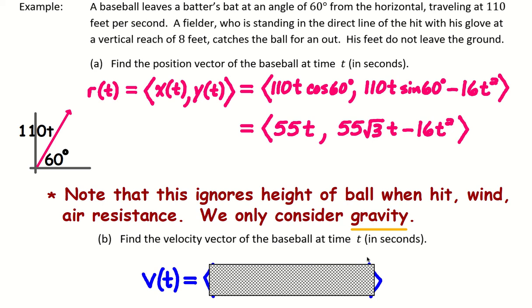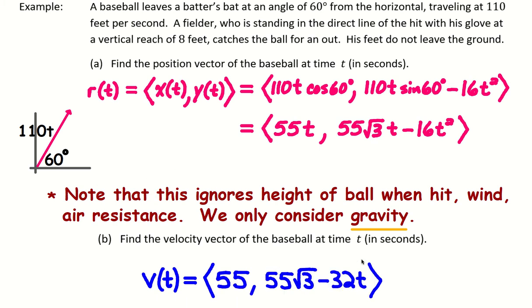Find the velocity vector. Okay, that's not too big of a leap. So how do we go from the position vector to the velocity vector? We just take the derivative. Okay, that's not so bad. So we took the derivative, and this is what we get. So there's the velocity vector.